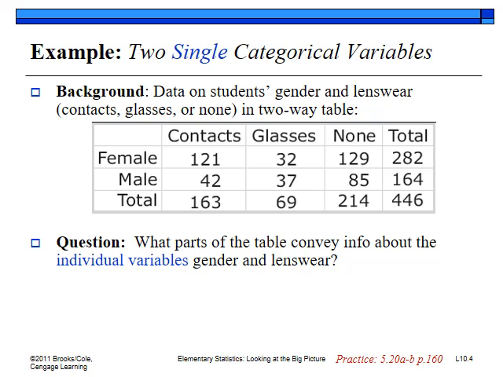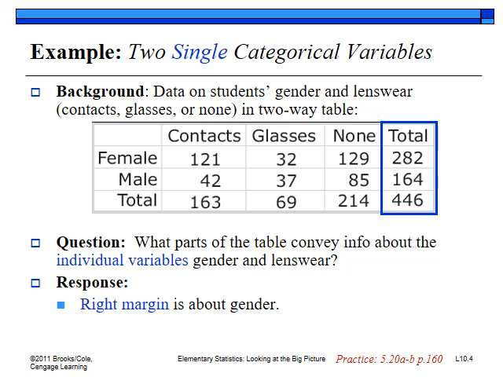The rows correspond to gender, the columns correspond to lens wear. So for gender, the information that we'd like about how many of each gender there are can be found in the total column over on the far right.